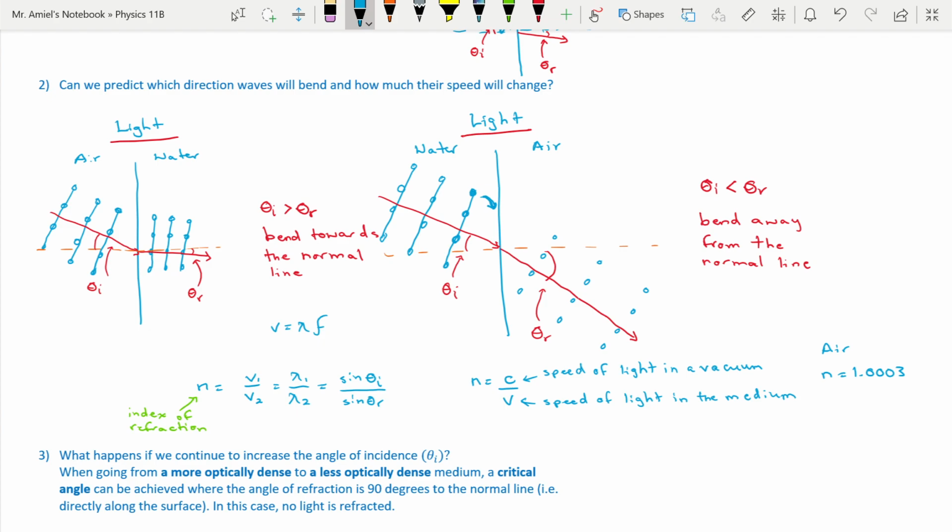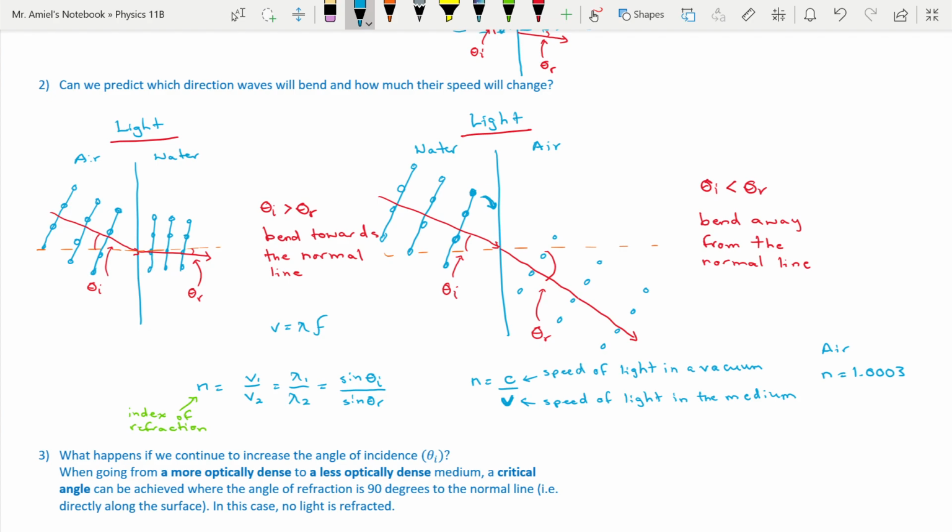We can take any other material though, or medium, and we can say, well, what is the speed of light in a vacuum? And comparatively, what is the speed of light in that material? And that will give us the index of refraction. So there's all sorts of tables on the index of refraction. We'll have a look at those later on.